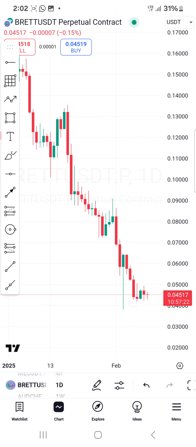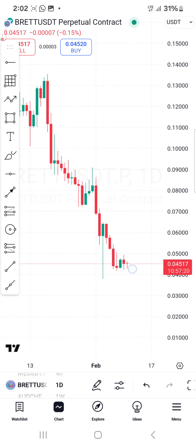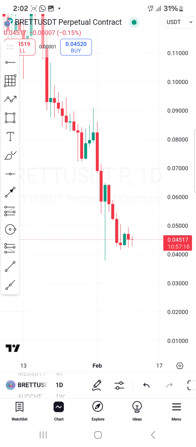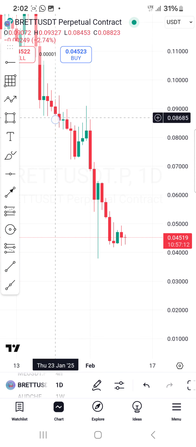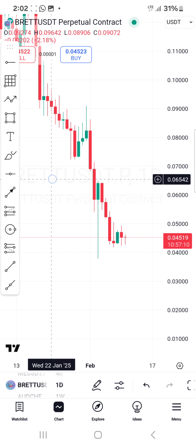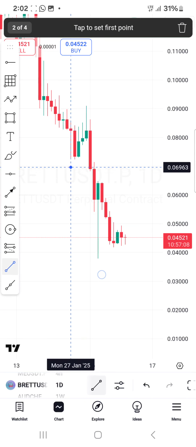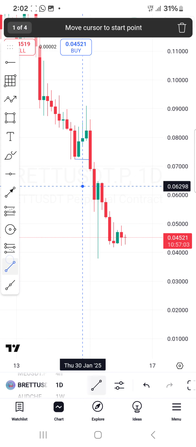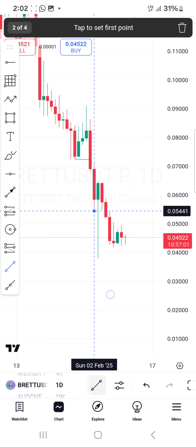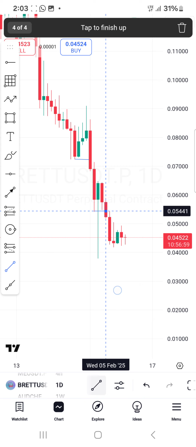Now we are on the daily time frame, and we can clearly see bullish candlesticks while we are in the downtrend. From here down, those that trade SMC know what I'm talking about. From here down, we have a break of structure. From here, we have another break of structure.